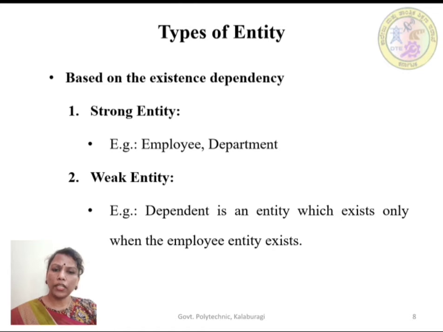See, the department entity, for its existence, does not depend on any other entity. So it is a strong entity. And the employee entity also does not depend on any other entity for its existence. That's why it is also a strong entity. Whereas the dependent entity is a weak entity. That means the existence of dependent is dependent on the employee entity.